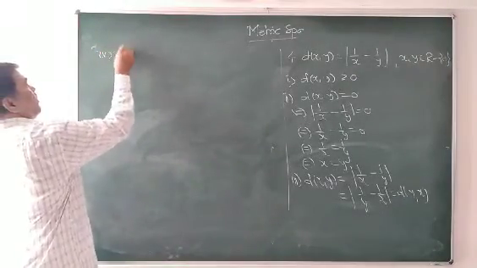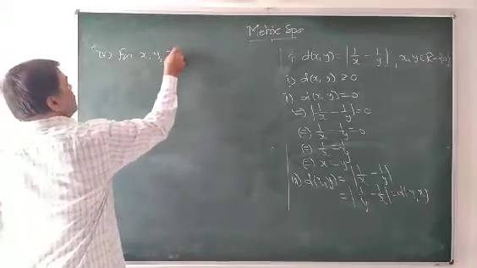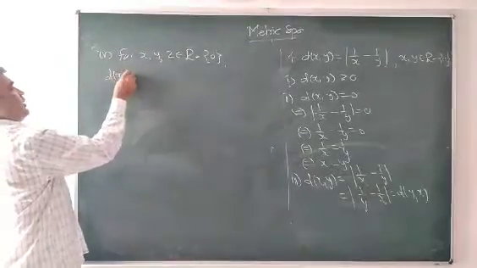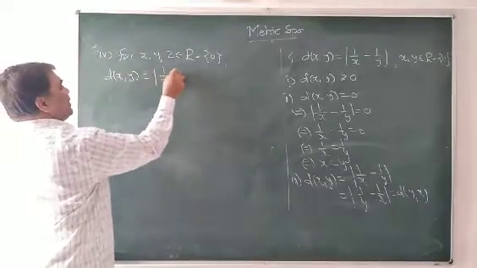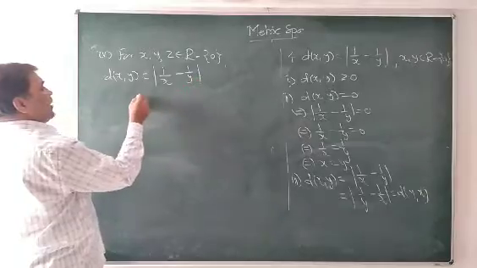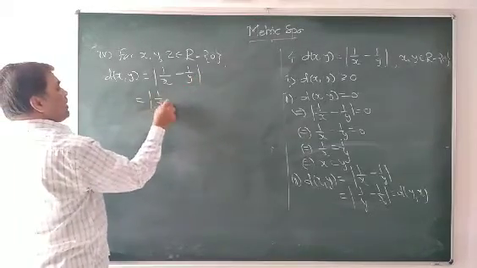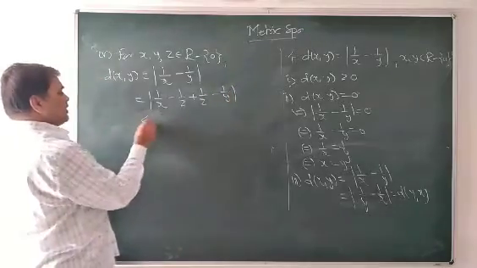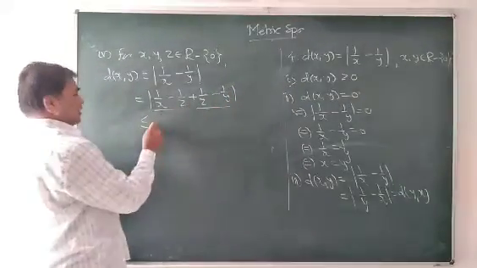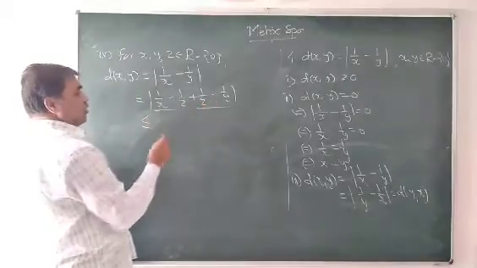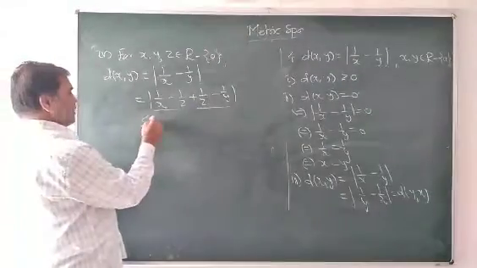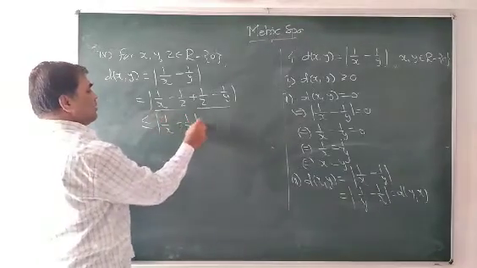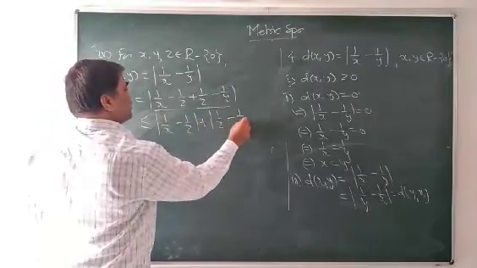For xyz belonging to R minus 0, d of xy is nothing but mod of 1 by x minus 1 by y, which is equal to mod of 1 by x minus 1 by z plus 1 by z minus 1 by y, which is less or equal, again, since mod a plus b is less or equal to mod a plus mod b by the triangle inequality for real numbers, to mod of 1 by x minus 1 by z plus mod of 1 by z minus 1 by y.